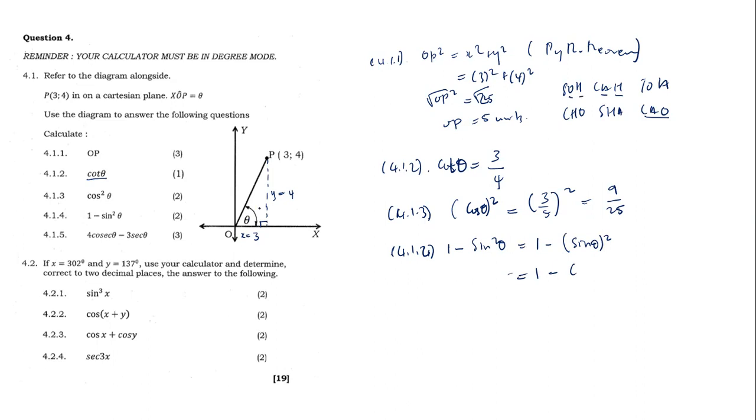Opposite is 4, hypotenuse is 5. So we have 4 over 5 to the power of 2. Therefore, we have 1 minus 16 over 25, and 25 minus 16 is 9. So we have 9 over 25.